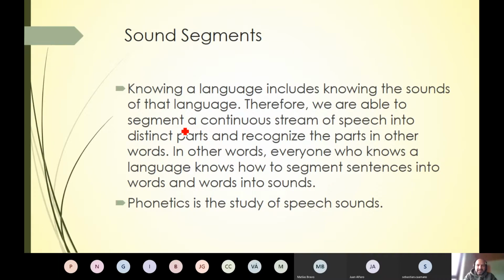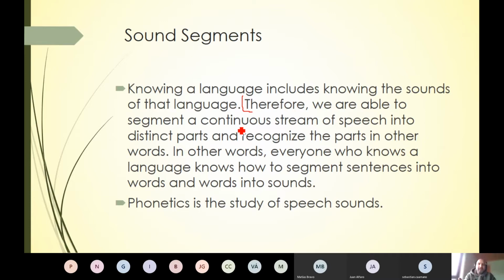It's important because when you listen to someone who is speaking in a language, you hear a long string of sounds. For example, right here. Therefore, we are able to segment a continuous stream of speech into distinct parts and recognize the parts in other words. It sounds like a long, very long strip, right? A string of sounds, right?